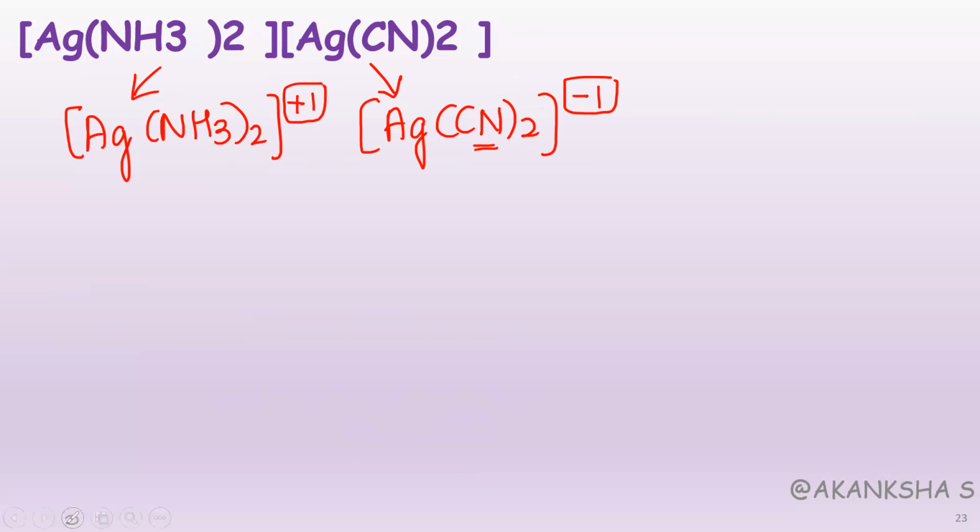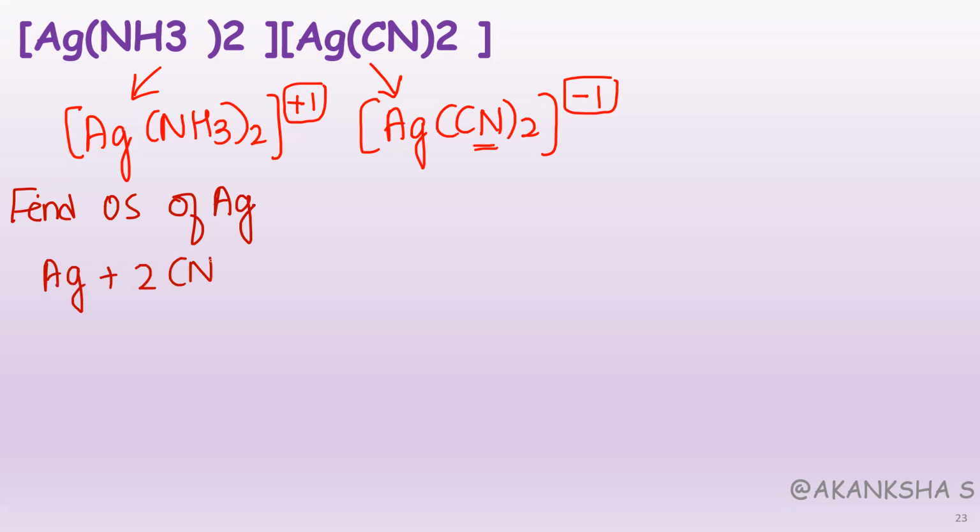Okay. So let's try this. Let's try finding oxidation states for both these compounds separately. Find the oxidation state of silver, though you know that it is argentate as well. Okay, so let's go ahead. We have 1 silver plus 2 NH3s, giving us +1 charge over here.